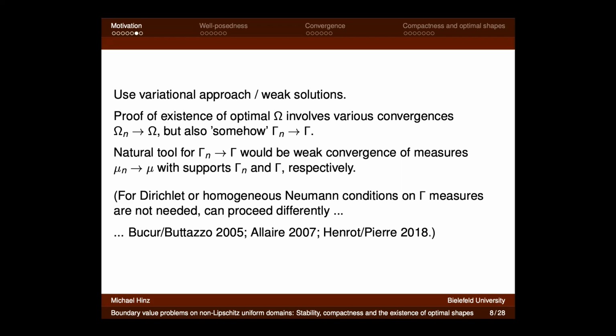And for these, in that respect, more simple boundary conditions, this problem of existence of optimal shapes had already been solved by different people in different contexts. So for instance, in Lipschitz context, in a context connected to BV functions and so on. So for different pools of admissible domains, we can find optimal ones that minimize the energy. But for the Robin problem, which is interesting for acoustics and which is needed for acoustics, this was not clear. And the issue really is with this convergence of measures on the boundary. And this is what we are tackling.